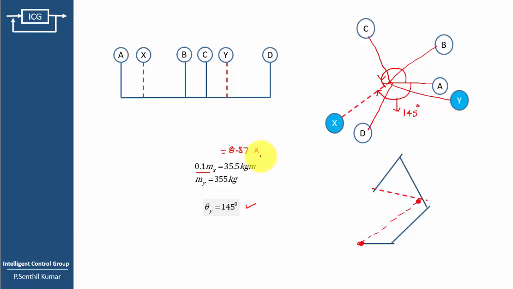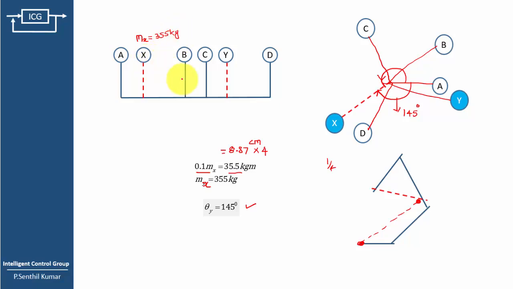Then earlier we have used a scale factor of 1 by 4. So to get the original value, we need to multiply that with 4. So 8.87 centimeter multiplied by 4, 35.5 kg meter. So that is the value of mx. From that, mx equal to 355 kg. Mx equal to 355 kg.